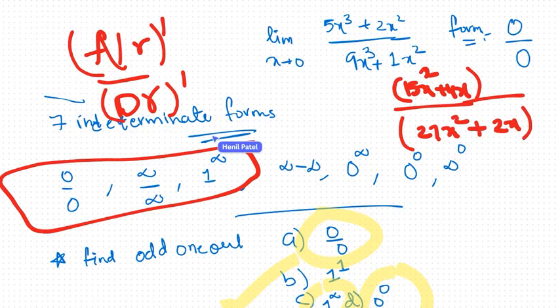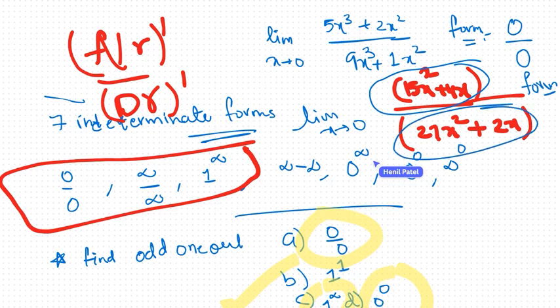Now that you have done the derivative, can you check the form again? X was tending to 0. What happens? This will be 0 too. So this will also be in the form of 0 by 0.